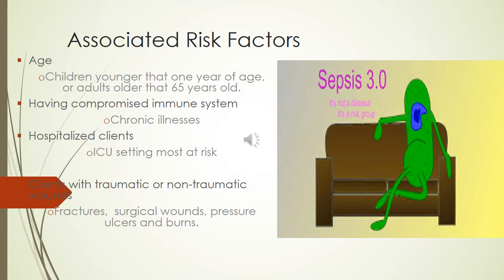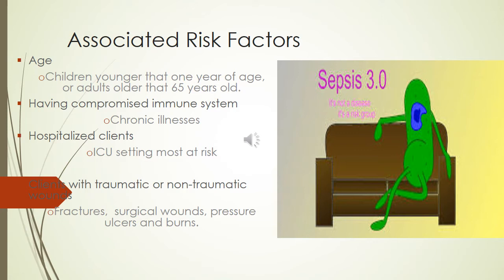These risk factors include age, such as children younger than 1 year old, or older adults 65 years or older, having a compromised immune system, such as those individuals with chronic illnesses such as diabetes, kidney disease, lung disease, or liver disease.